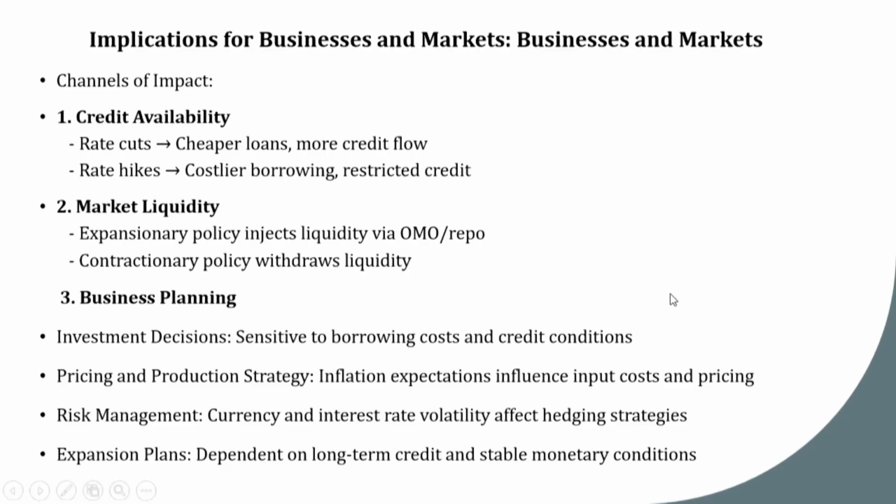So let's begin by examining what are the implications of understanding the institutional structures of monetary policy on businesses and markets. So to begin with the implications, the important thing is that when an expansionary monetary policy takes place, you know that there is more money in the economy and the rate of interest will decline.